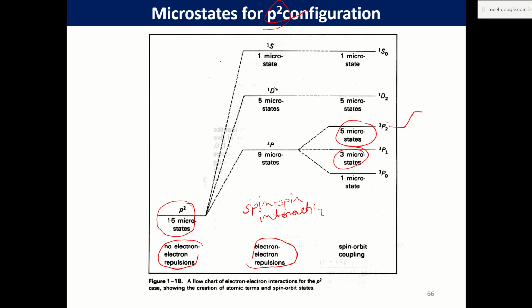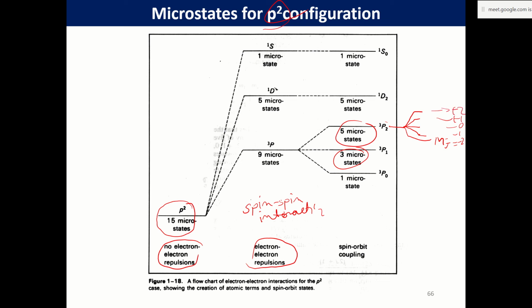In a magnetic field it will split into mj values of -2, -1, 0, +1, +2.